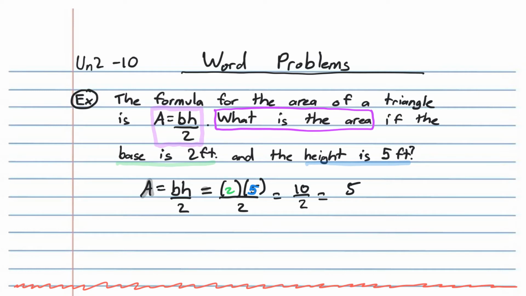So a typical rule of thumb here is that if they ask you in words, like a word problem, you should answer with words, like a sentence. So you could say something like the area is 5, and we're talking about feet specifically, so 5 feet.